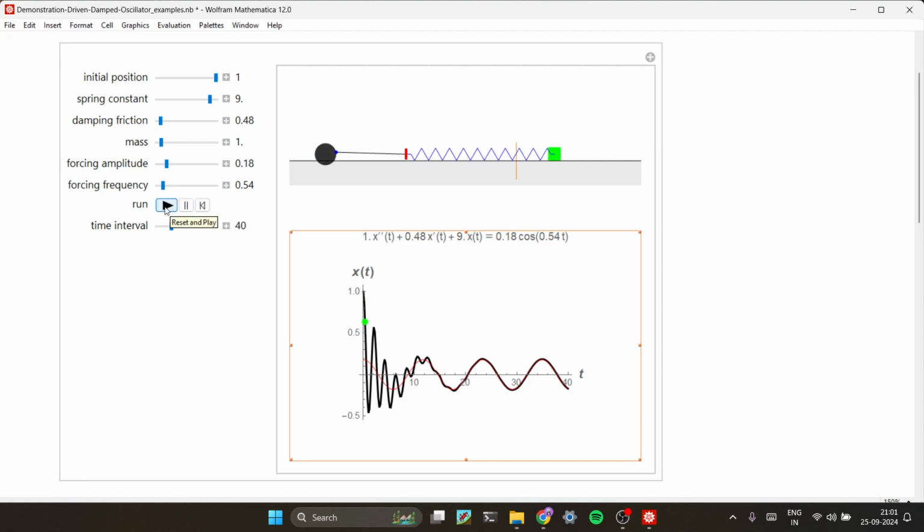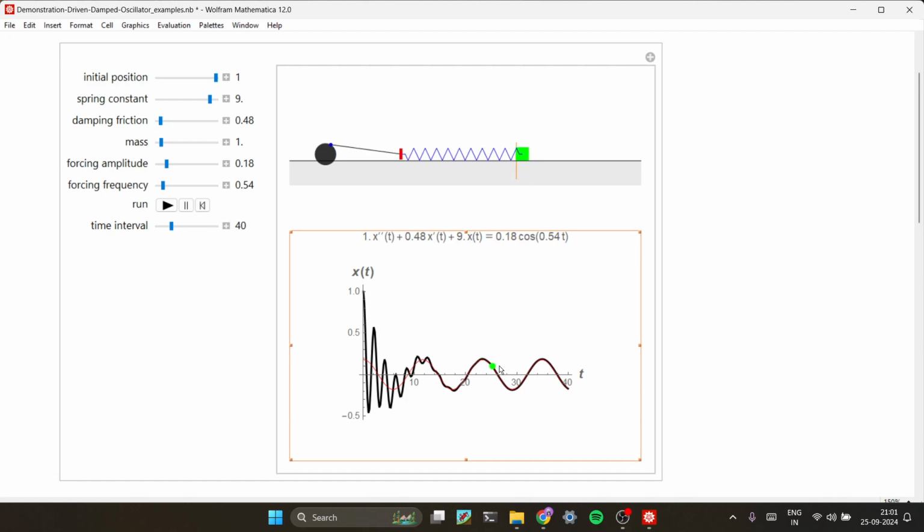So let me reset. So here, this crazy part is happening. The transient state is happening. Now the amplitude is decreasing, decreasing. Again, now the external force is dominating the system here.